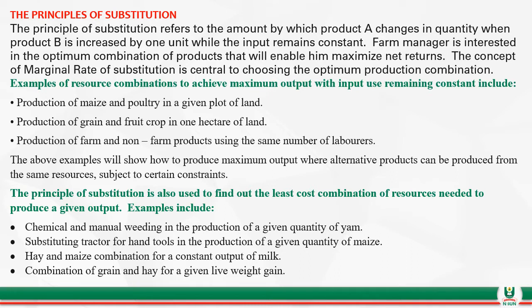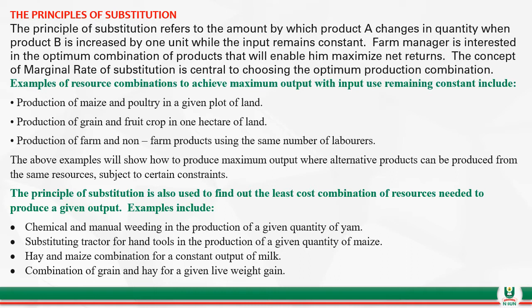We look at the principle of substitution here, also used to find out the least cost combination needed to produce a given product. Taking for example, commercial and manual weeding in the production of a given quantity of yam.